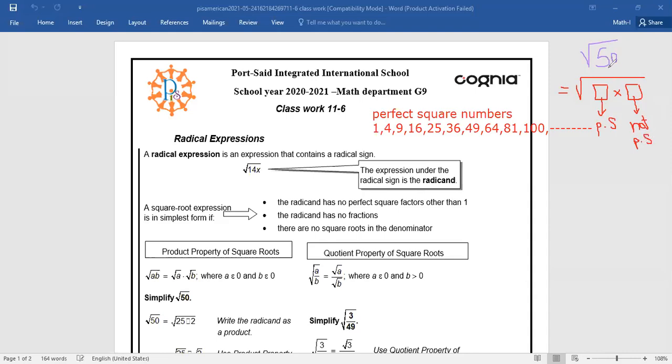You can find 50. Do you see 25? 25 times 2 will be how many?